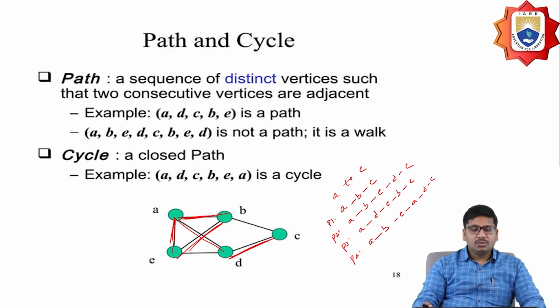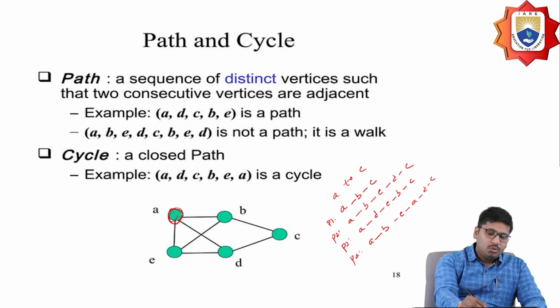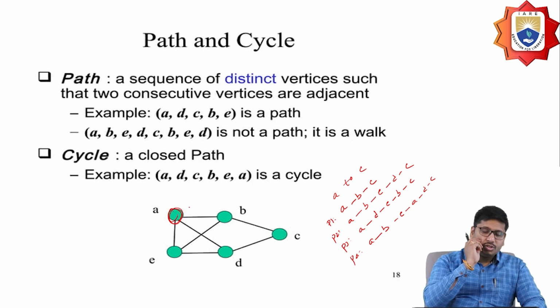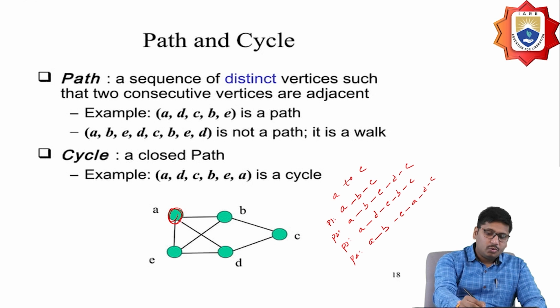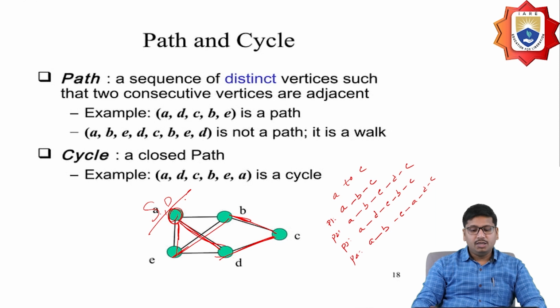And cycle. A cycle is where the source and destination should be the same. Let us consider this as the source, and I want to reach the same vertex as the destination. So I go from A to D, D to C, C to B, B to E, and E to A. Here the source and destination are the same, so it forms a cycle.